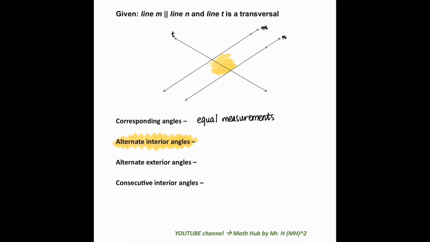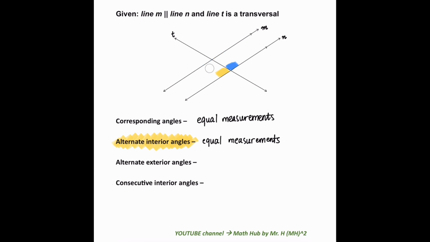This area inside that's shaded in yellow is where we can find the interior angles. For alternate interior angles, we have 2 pairs right here. The first pair, I'm going to be highlighting in blue. And again, in terms of measurement, they are equal. So those are our alternate interior angles.